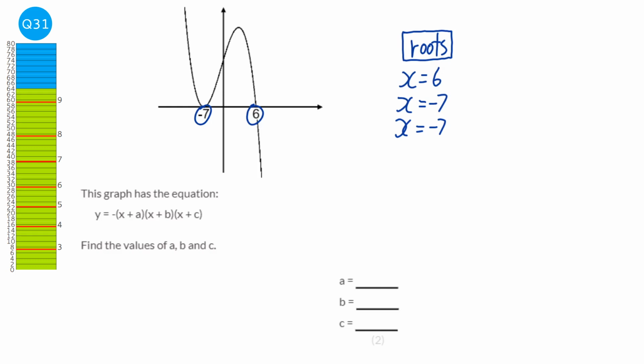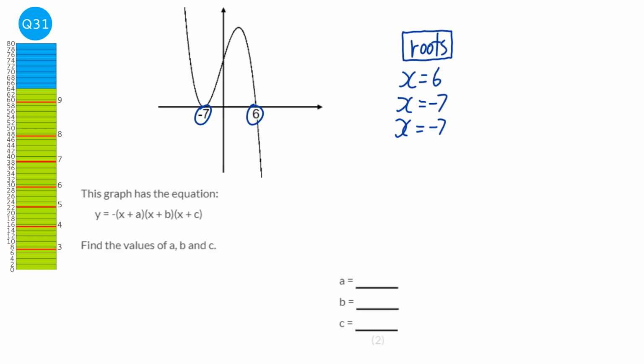So with these, we need to make sure that at x equals 6 and x equals -7, the whole thing equals 0. So if we imagine a, what does a have to be to make this whole thing equal 0 when we look at the fact that a root is at 6?